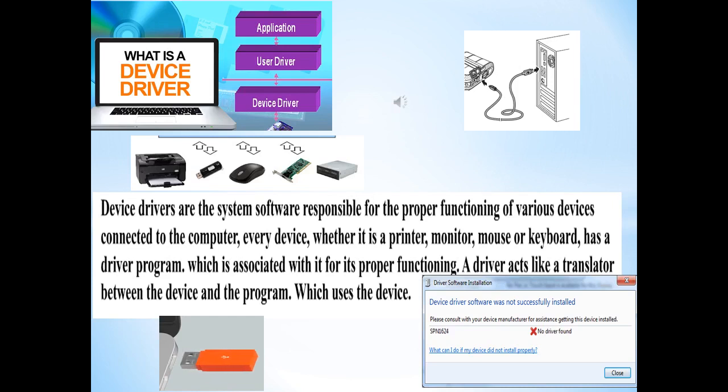It should be installed properly into the computer, then only it will function properly. Otherwise, a message will be displayed like "device driver software was not successfully installed." A device driver acts like a translator between the device and the program.